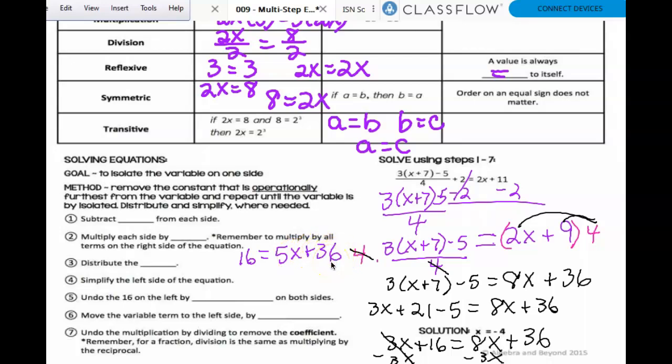And then what? I'm going to subtract the 36. So I get minus 20 equals 5x. And when I divide by 5, and I know this is a mess, I'm sorry, I ran out of room, I get x equals negative 4.